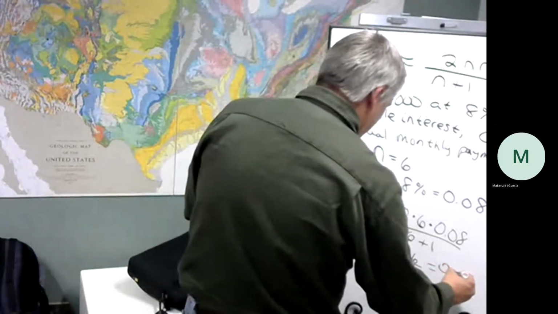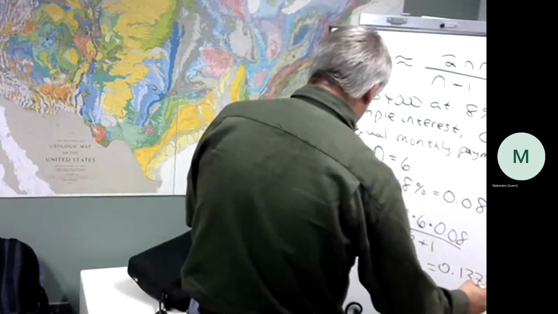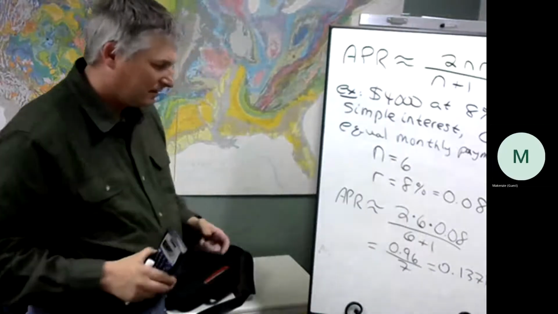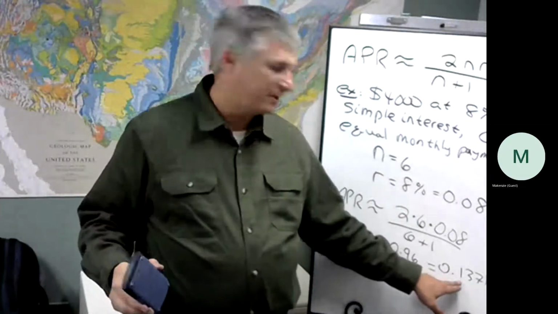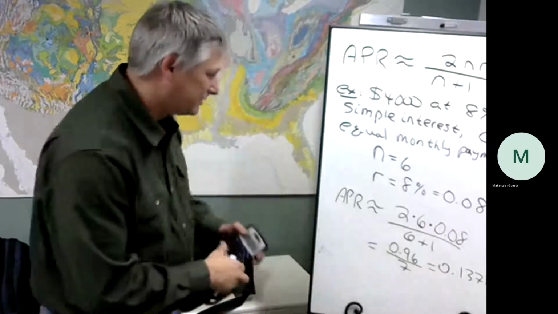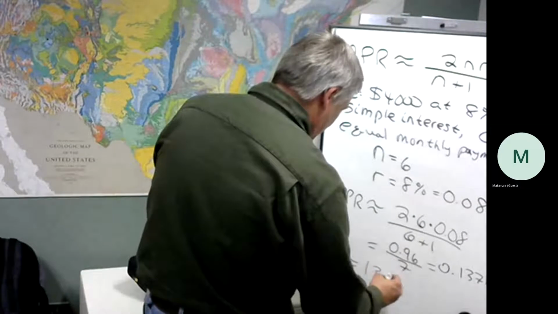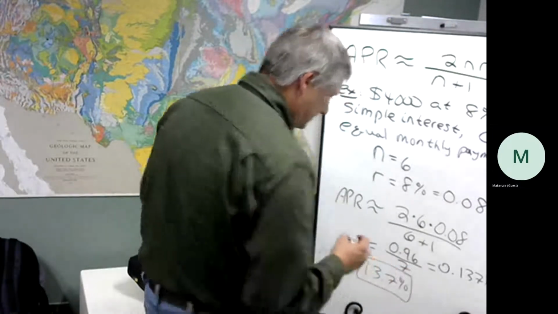We get 0.137142, and there are some other digits. This is the decimal form of our percent, so we multiply this by 100, and we get approximately 13.7% is the APR.